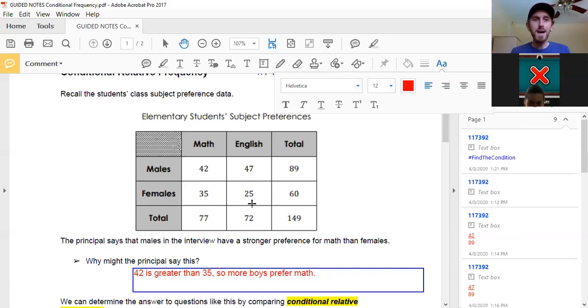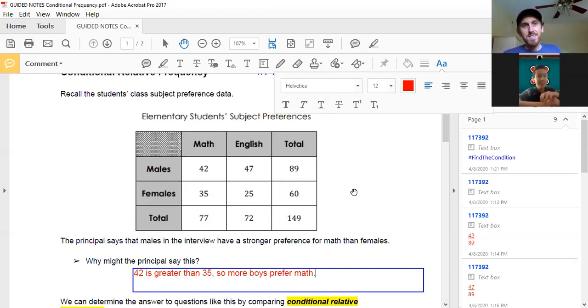So how is it possible, even if more boys prefer English, that Mr. Yockel can also say more boys prefer math? How is that a possibility? Are you asking me? Yeah, I'm asking you. I don't know. I know, it hits you tricky, right?